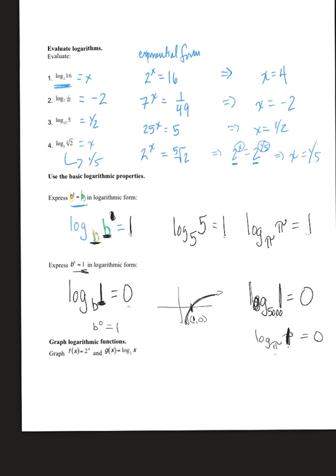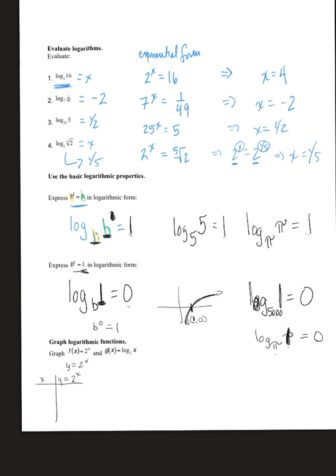Now, how would I go about graphing these logarithmic functions? Well, I could graph the corresponding inverse exponential function, and then I could just reflect each one of those points over y equals x, interchange the domain and the range values, interchange the x and y values, and I could automatically get the graph of the logarithmic function. So in this case, I have y equals 2 to the x, and I could create a table of values for that.